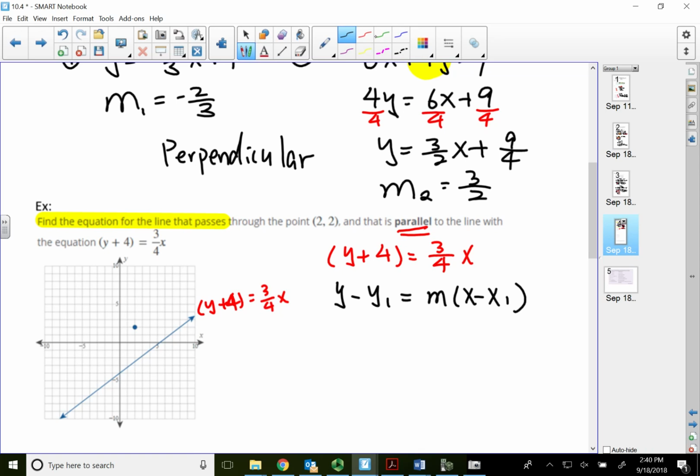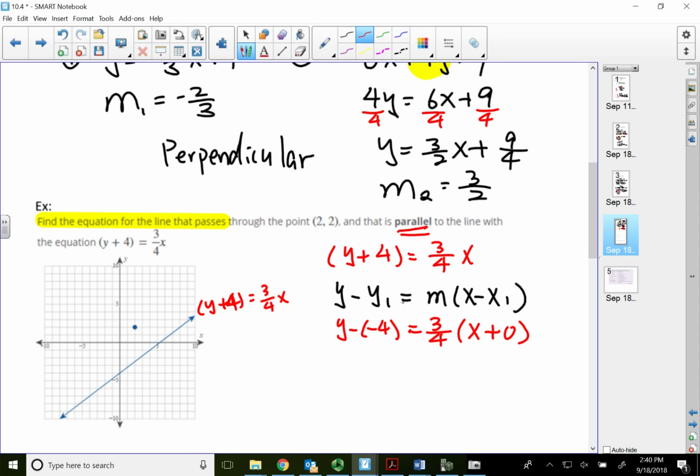This whole red line can be rewritten as y minus negative 4 equals 3 over 4 times (x plus 0). Because x plus 0 is still x, and since the parentheses only contain x, there's no need to write the x in parentheses. That's the reason why you don't see that extra parenthesis here. But if I rewrite it in this form, it will look something like this.